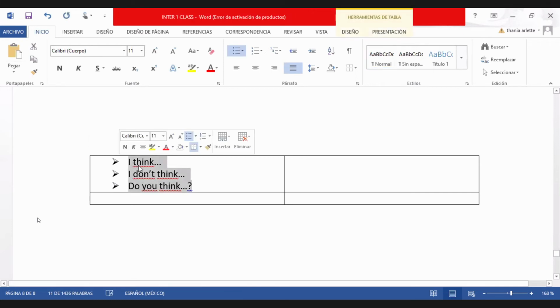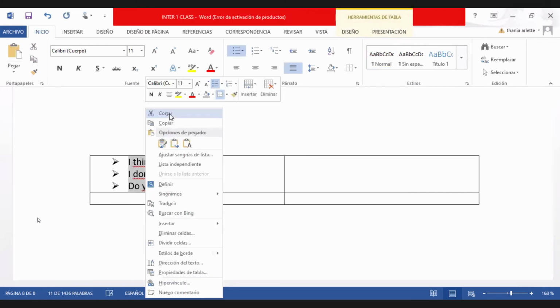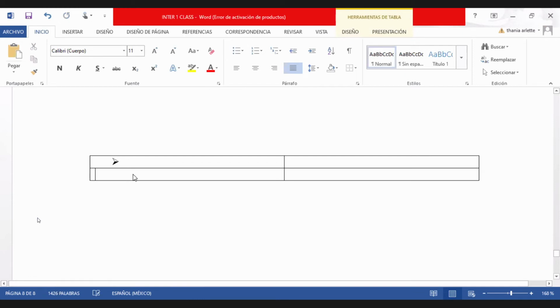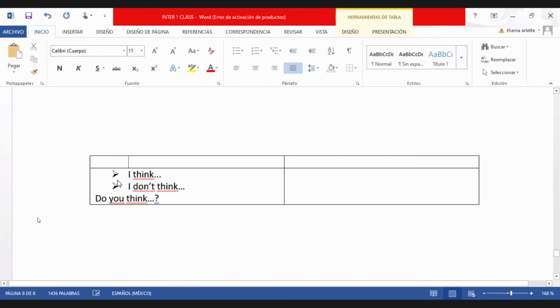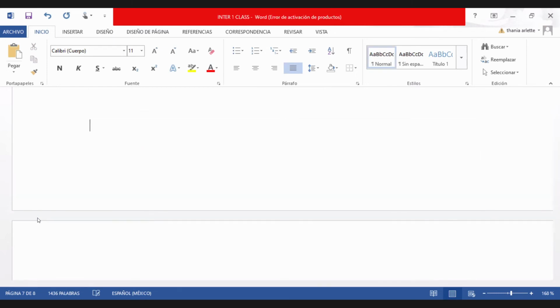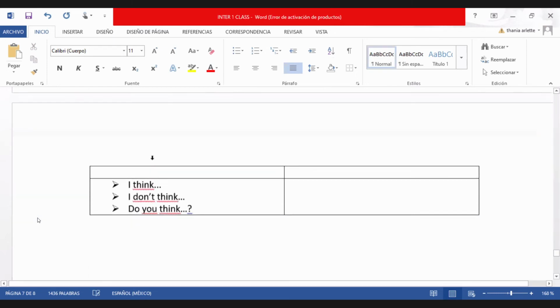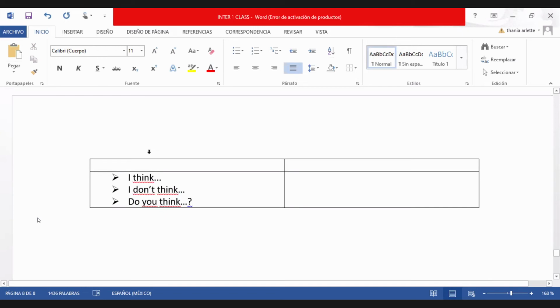What a mess am I doing? Cut and paste here. Yes, okay. All right. It is very common to use these phrases. I think, I don't think, and do you think?